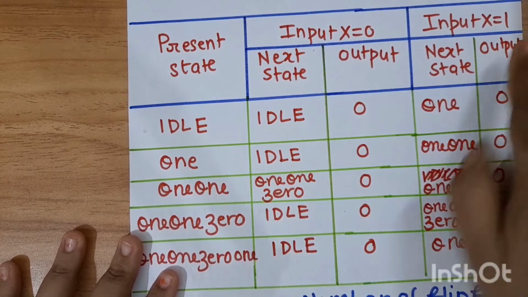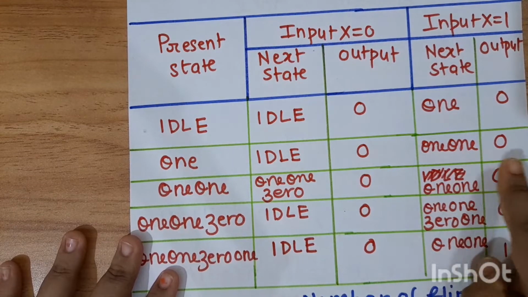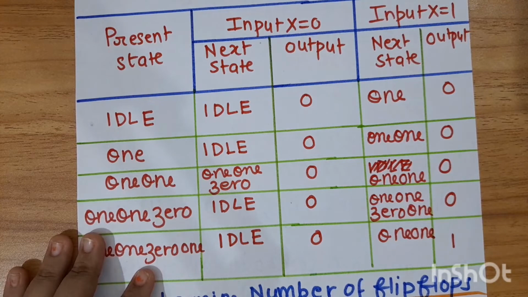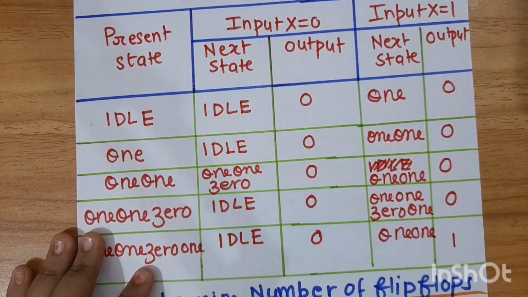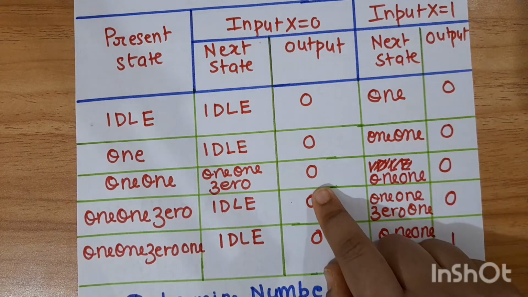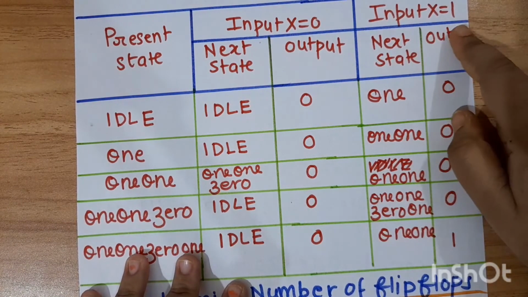If the input is 1, next state is 11, output is 0. In the 11 state, if I get input x equal to 0, then I reach the 110 state, and output is 0. Input x equal to 1.